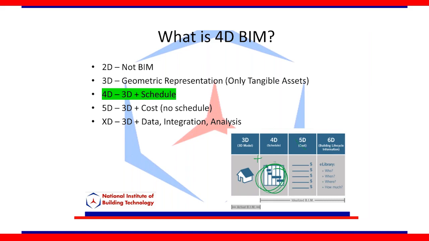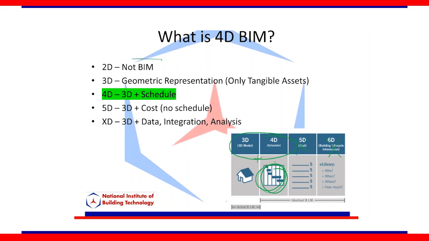It does not necessarily include any cost, or not applicable, I would say. You can always include cost in a 3D model, but the concept of 4D is not to use cost analysis. We could. And 6D, which is ND, people like to call it because it goes into multiple directions. We're not going to talk about it. So 4D is essentially 3D plus a schedule connected to it.